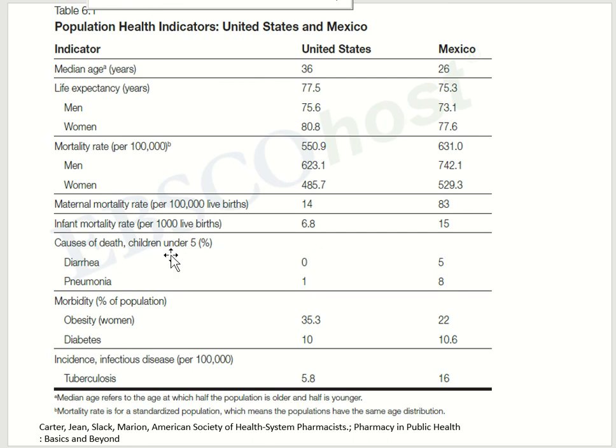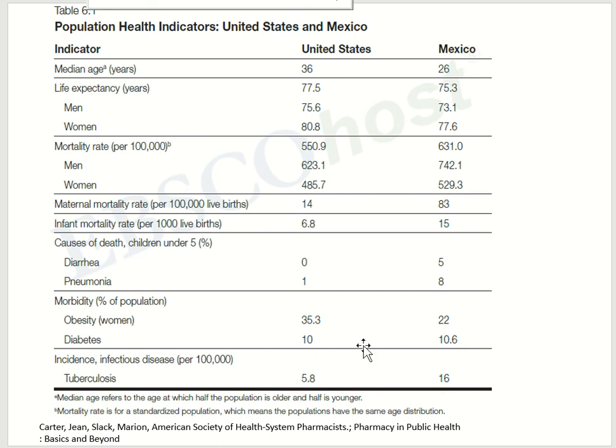Cause of death for children under the age of 5 for diarrhea and pneumonia, you can see very, very low in the US, but that's much higher in Mexico. Obesity and diabetes. Obesity, on the other hand, is higher in the US than in Mexico, whereas for diabetes, I think it's a prevalence rate.